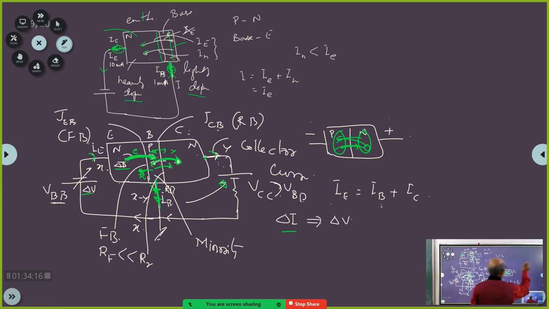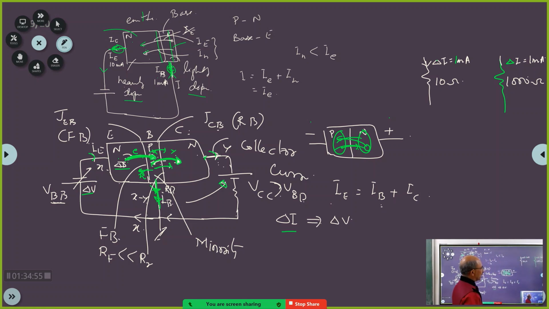Now just understand. I have a resistor here, say 10 ohms, and a resistor here which is 1000 ohms. Now I want the current in this resistor to change by 1 milliampere, and here I want this current also to change by 1 milliampere.